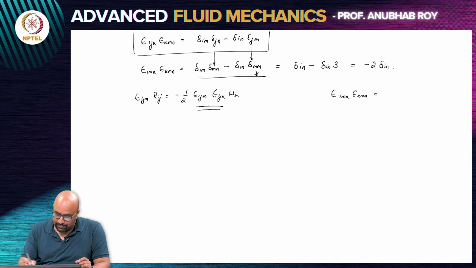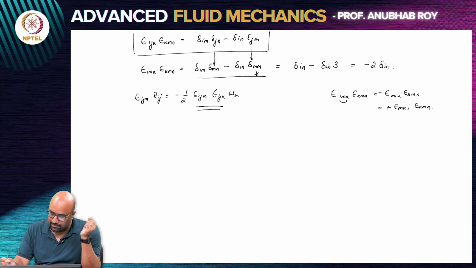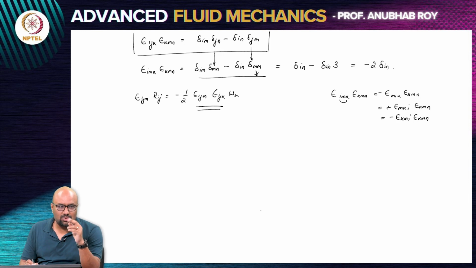So, if you want to write it in this exact form, I can take this as minus epsilon mik epsilon kmn, and then I can write this with i once more, this becomes epsilon mki epsilon kmn. So if I want it exactly in that form, it becomes epsilon kmi epsilon kmn. I'm just playing around with swapping the indices and this is what I get.